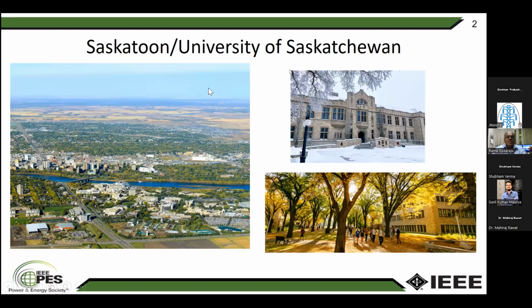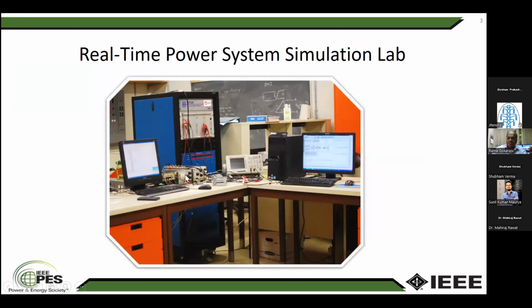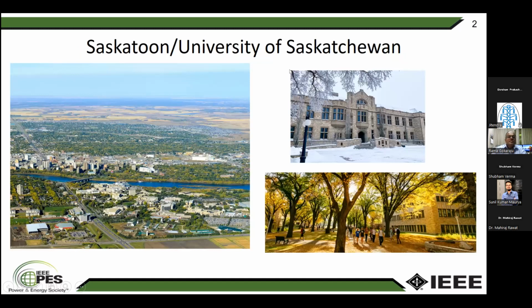So this is the city here that I live in, Saskatoon. University of Saskatchewan is located in Saskatoon. We are on the banks of the South Saskatchewan River. It is similar to the Ganges, if you see in India, right?